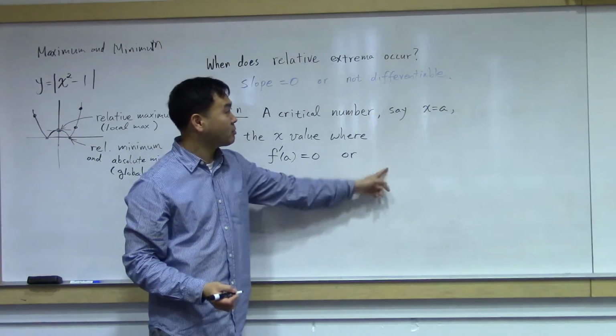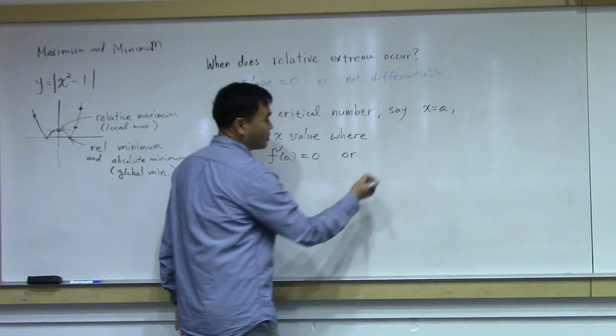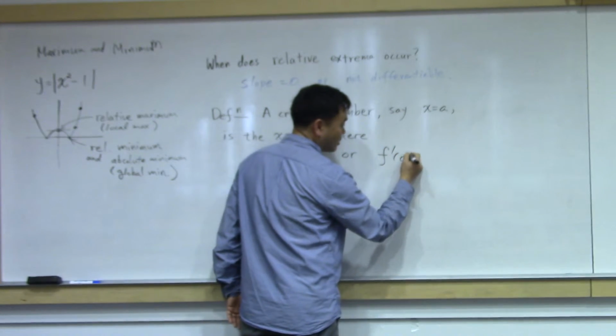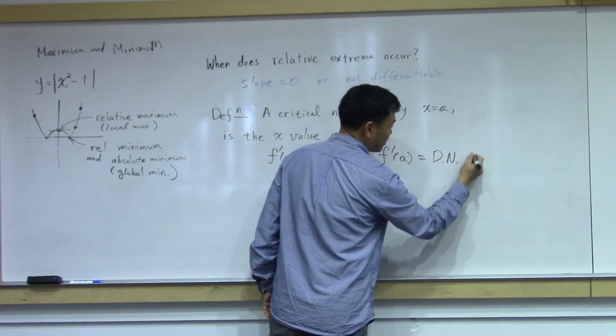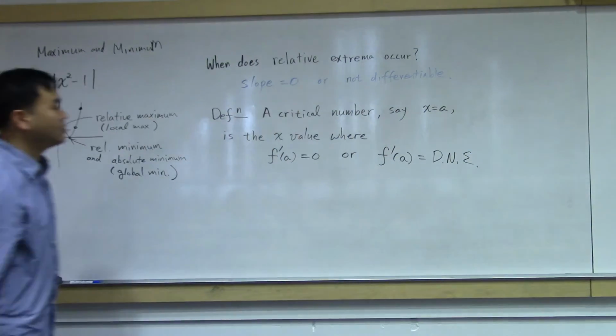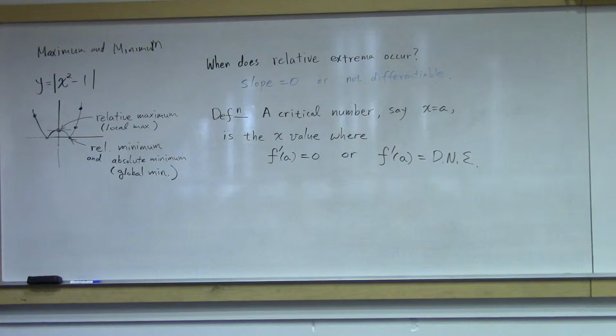Or what corresponds to this? f prime of a does not exist. That's what a critical number is.